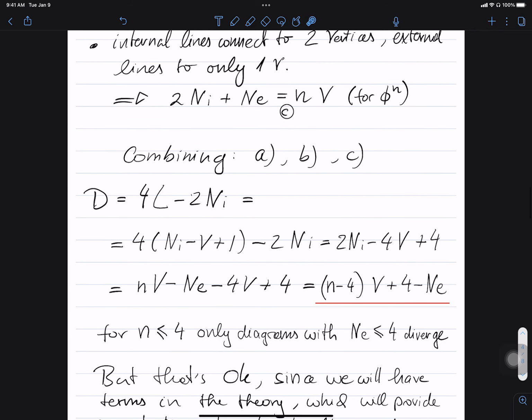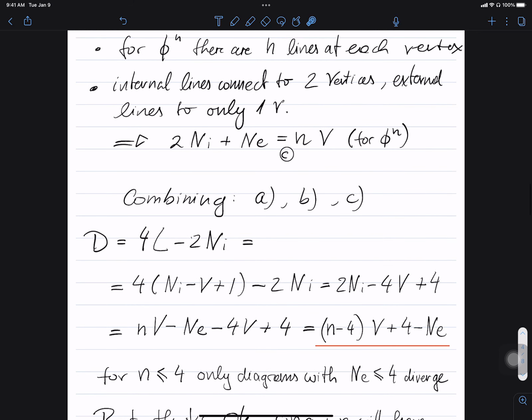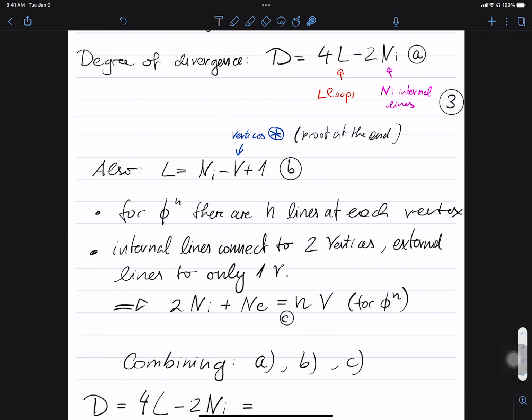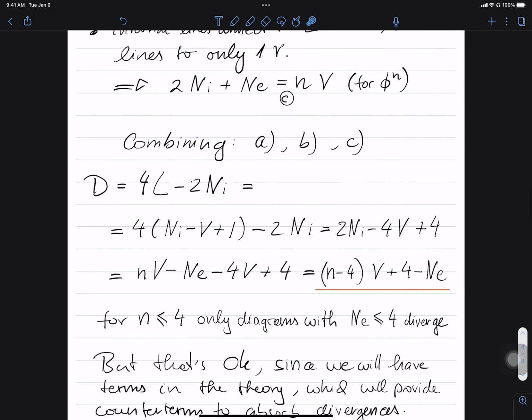And we insert for L what I will prove, that this is equal to the number of internal lines minus the number of vertices plus 1, minus twice the number of the internal lines.